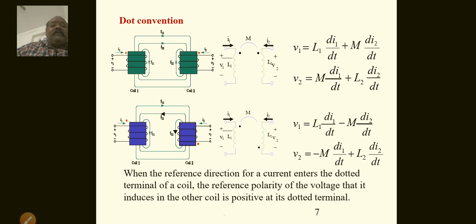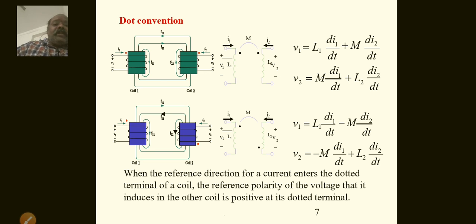But when the reference direction for a current enters the dotted terminal of a coil, the reference polarity of the voltage that it induces in the other coil is positive at its dotted terminal. So here, just to indicate, plus and minus, plus and minus like this.